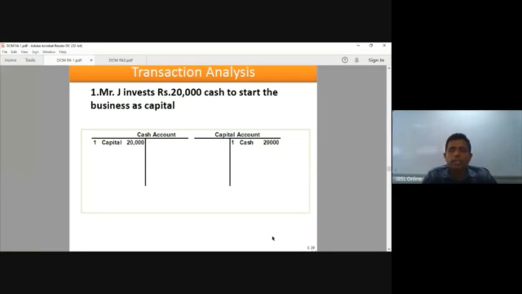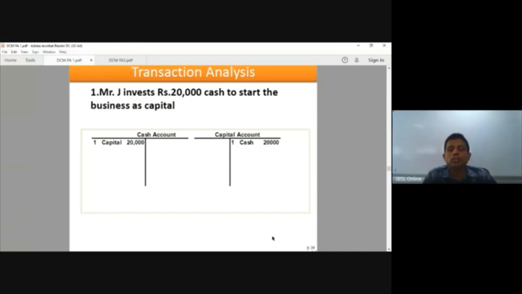When equity increases, go to Luca Pacioli's double entry system: equity account balance is credit, increase is credit. When equity increases, we have to put a credit entry there. That's why we credit the capital account.